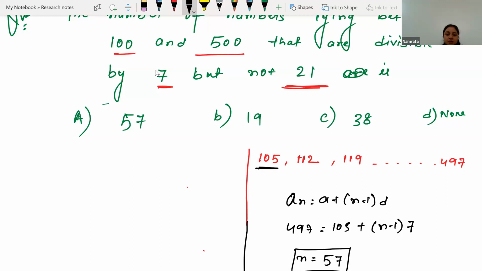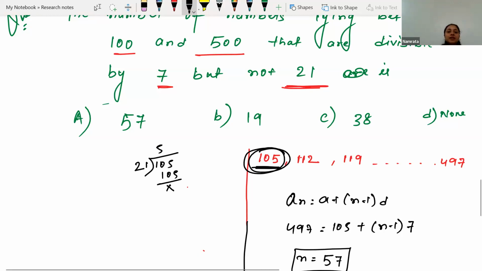The first number itself, ma'am. Can you see? It is completely divisible by 21. 21 times 5 is 105. So we need to exclude such numbers. From this sequence, we have to exclude such numbers which are divisible by 21.